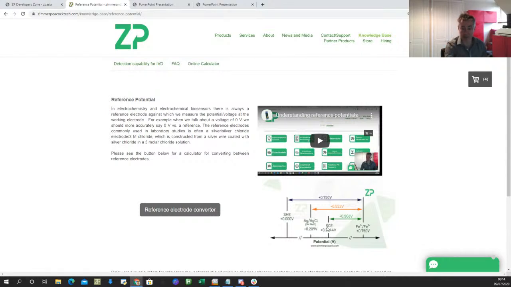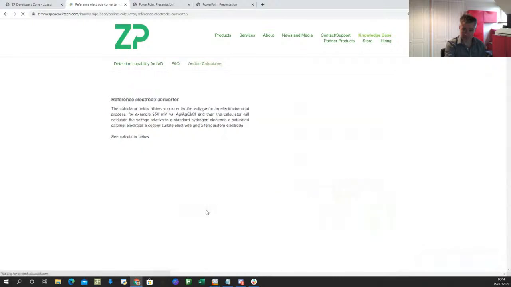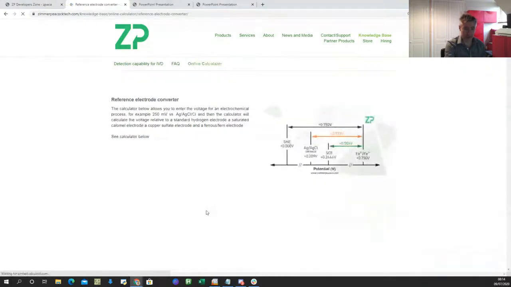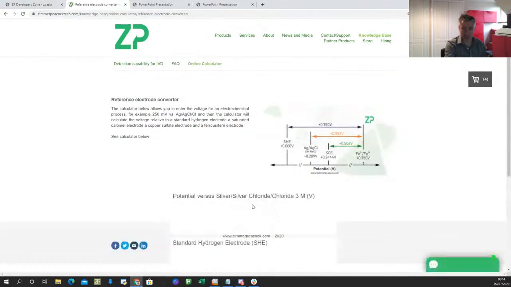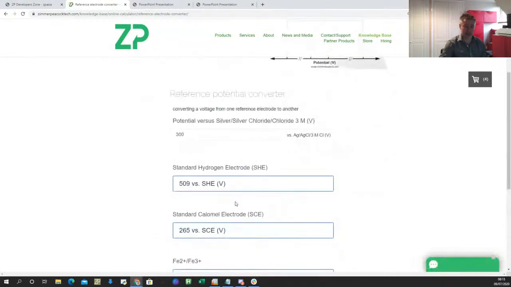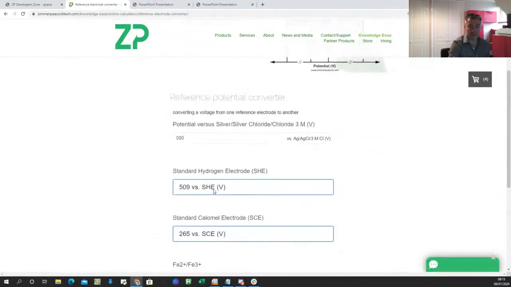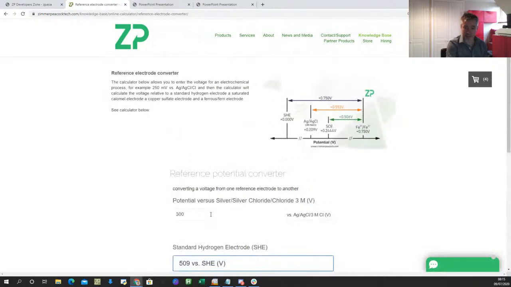And then we do have quite a nice little calculator here, which if I click into this calculator, just loading up, and it's this. So in the example of Andre's video, he applied 650 millivolts.